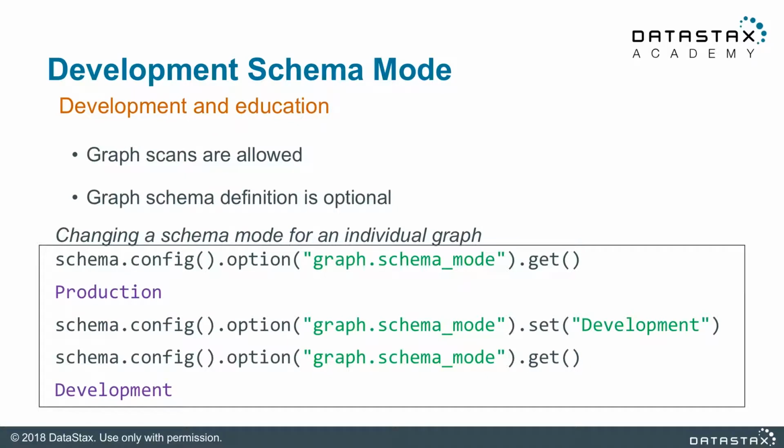This is where you want to be agile and be able to try some traversals without worrying about indexes or even an explicit schema. The development mode allows graph scans and can even generate a graph schema for you on the fly as data is being inserted. Just do not expect that things will be super efficient in such a scenario.